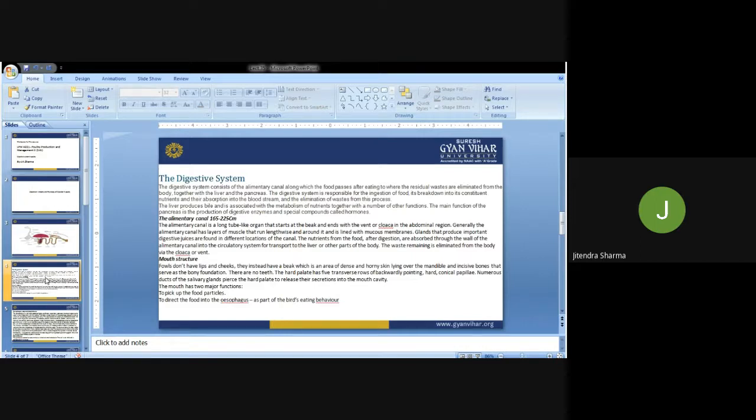But in birds, there is an important structure in the alimentary canal, which we call the gizzard. In the gizzard, there are certain spike-like structures, and whatever hard material comes through the beak, or through the crop and then the proventriculus, everything will be broken down into a very fine material.